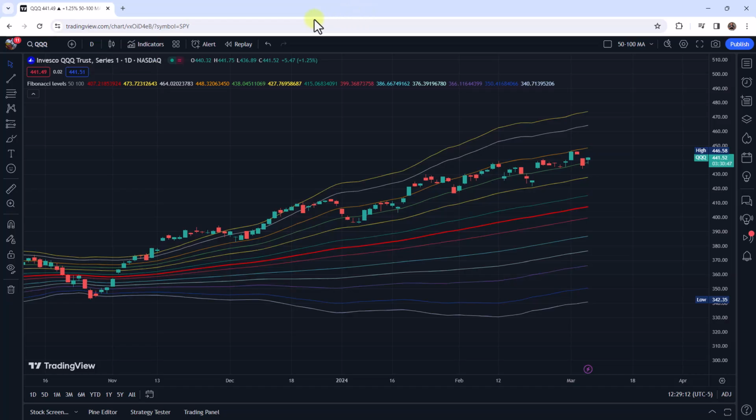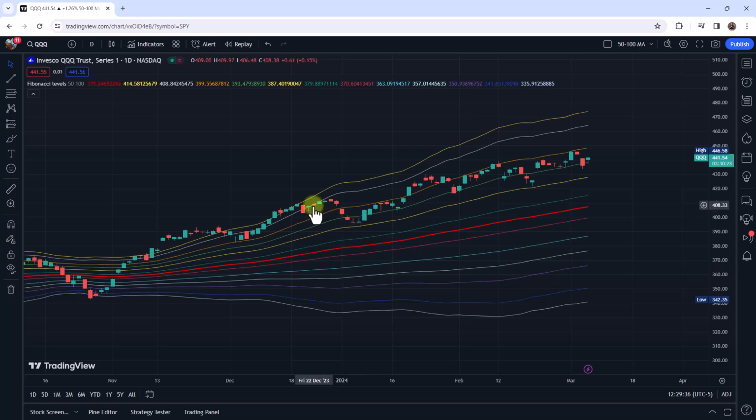So for example, here we are in the TradingView platform, looking at the NASDAQ 100, the QQQs, and here are some Fibonacci extensions. And first of all, look at all of those. My gosh, if you're going to take that many shots on the board, something's going to line up. And yet traders will look at this and say, oh, look, it's supported right here, just like Fibonacci said it should.